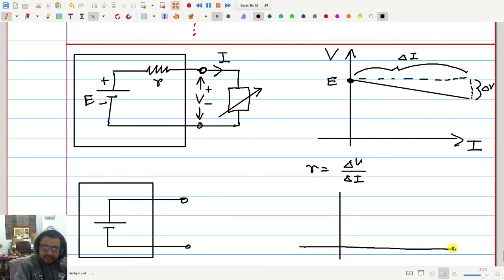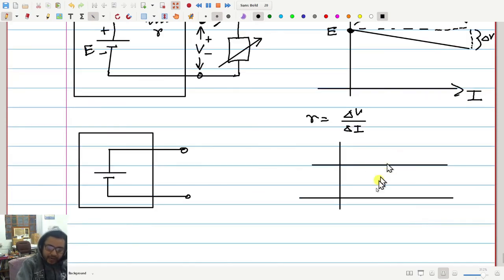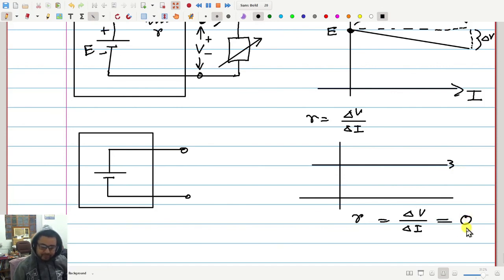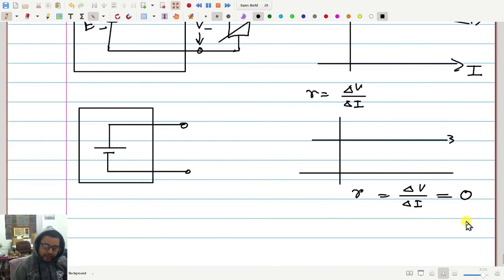A straight horizontal line. Here again delta V by delta I, but delta V is 0, or the slope is 0, so this will be 0. This is one way of explaining why the internal resistance is considered 0 for an ideal voltage source.